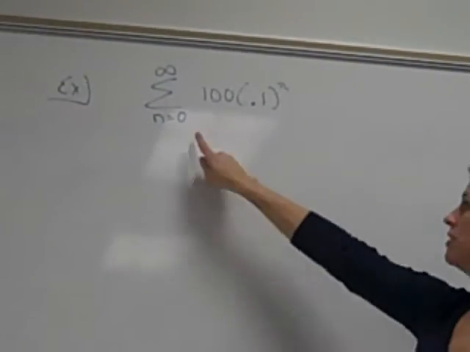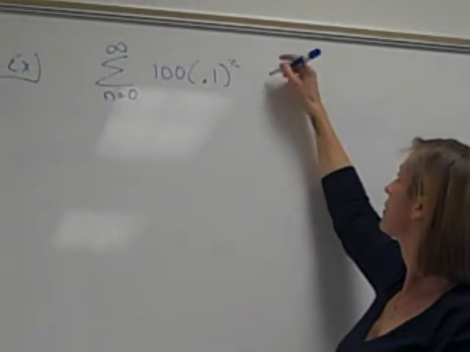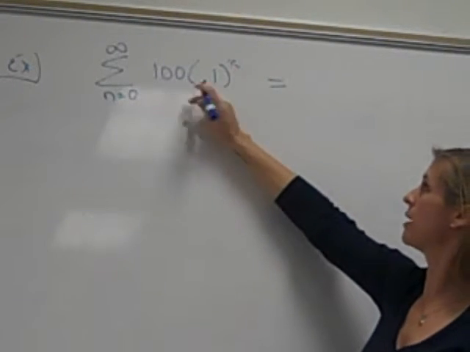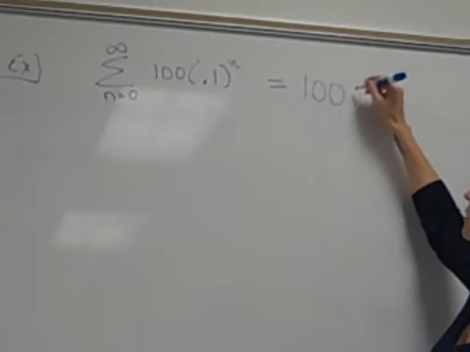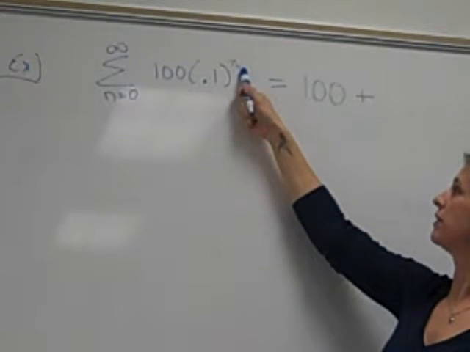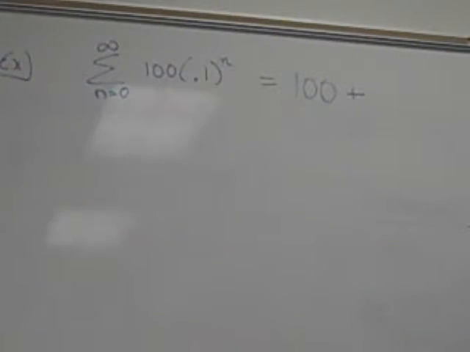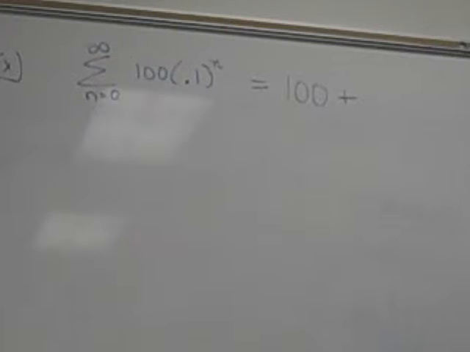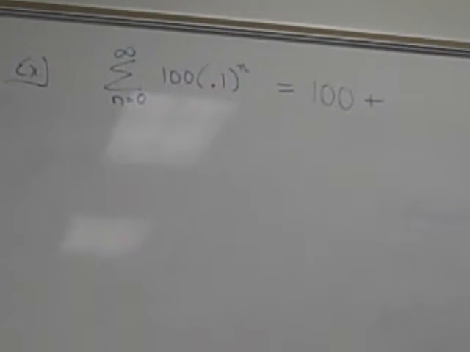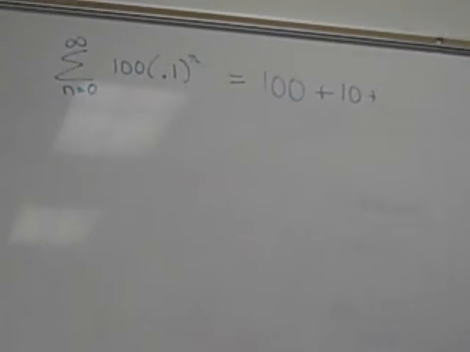So what I would do when I first see a series is give myself the first few terms and just look at it. So if n equals 0, what's my first term? 100, right? If n equals 0, 0.1 to the 0 is 1 times 100. So my first term is 100. My second term, if n is 1, I have 0.1 times 100. What's 0.1 times 100? 10. Then 1.